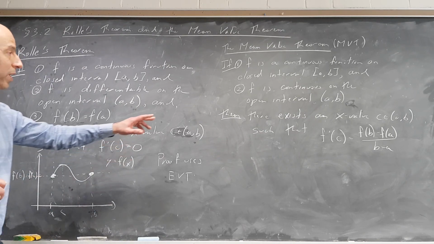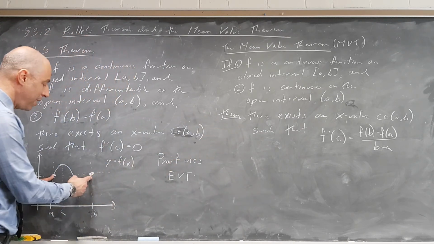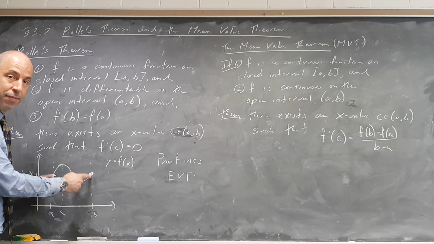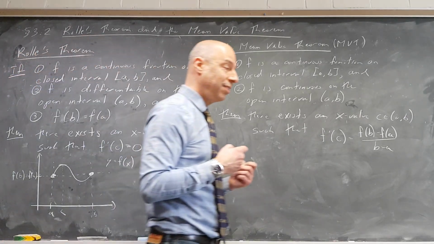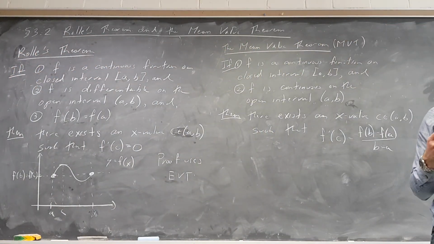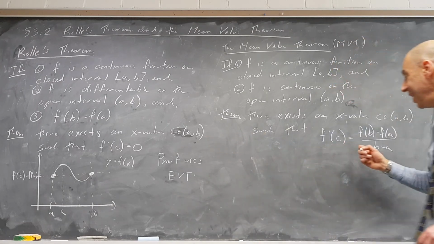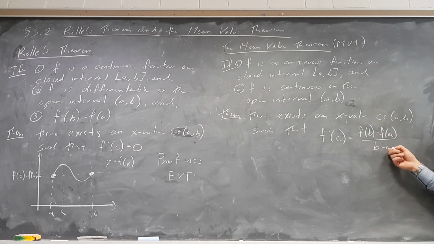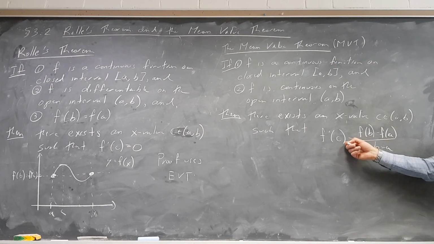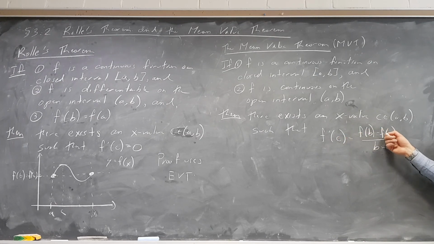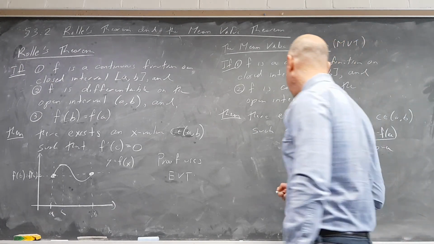So since the two points at the ends are not at the same height as they are over here, it may not be the case that there's a place where the derivative equals 0, but we can conclude this: that there exists a point at x value c where f prime of c equals f of b minus f of a over b minus a. And I want to draw you a picture here too.